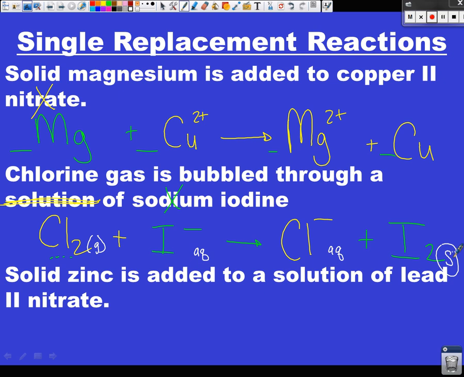All of those things can become a solid. All of those things can become a gas. It's at room temperature. And that's one of the things that I probably never ever said to you guys, what you're sitting in. It's assumed 25 degrees Celsius, which is about 77 Fahrenheit. Now I know that's not room temperature, but they assume it at 25 degrees Celsius.